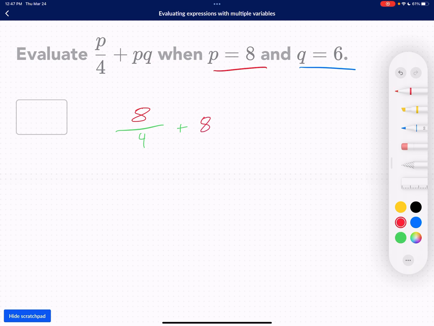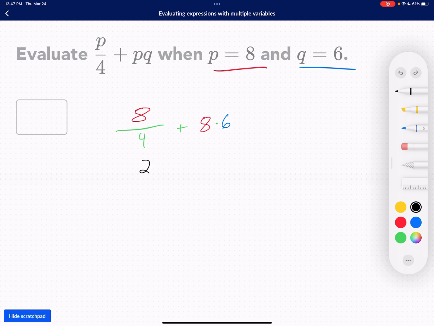I see an 8. And I don't see a Q anymore. I see a 6. Remember, when they're sitting on top of each other like this, it's a long, fancy word called multiplication by juxtaposition. Multiplication by their position sitting on top of each other like they are means it's implied that they are being multiplied.